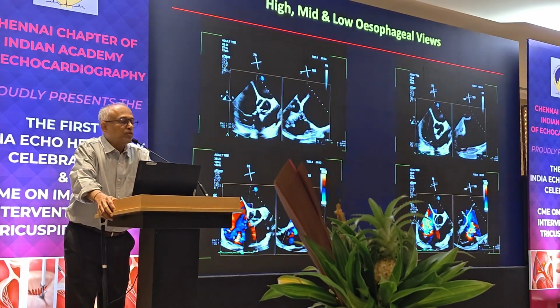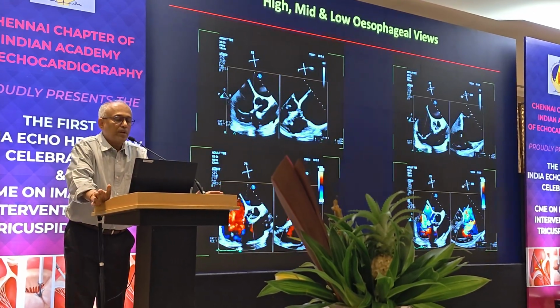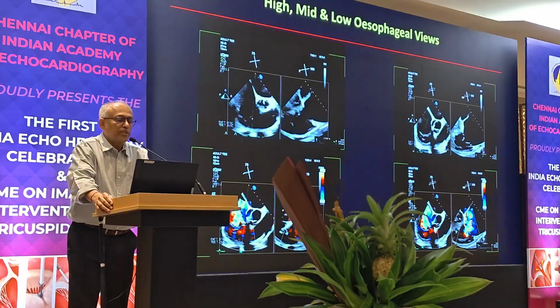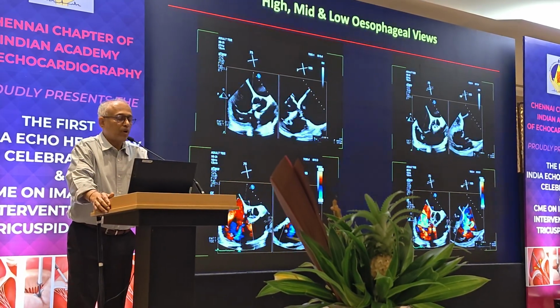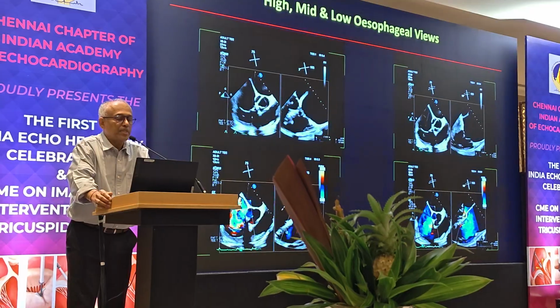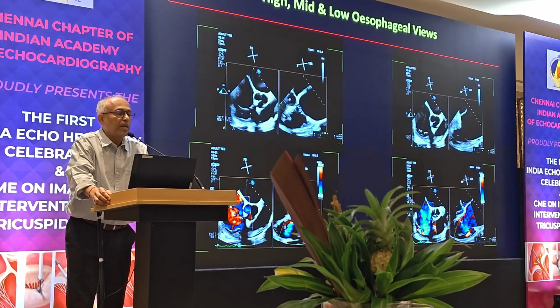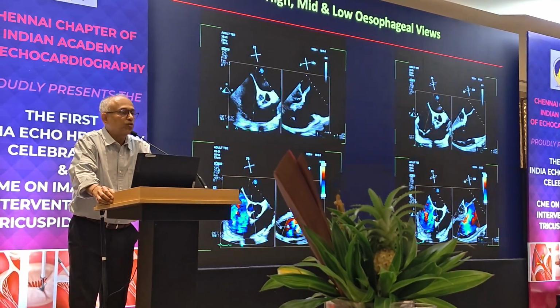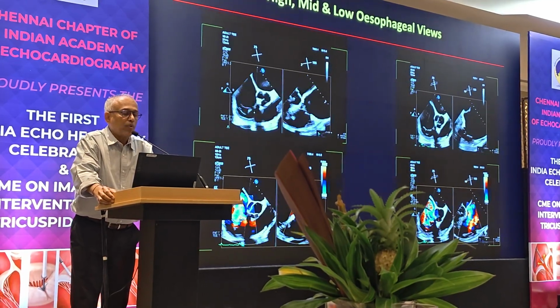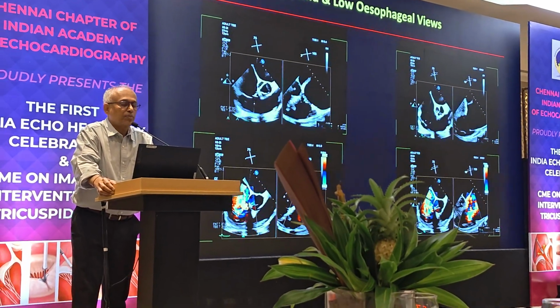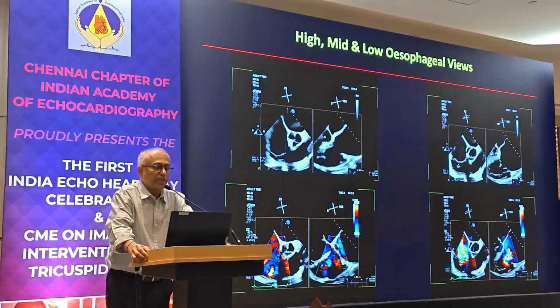And coming back to the mid and the low esophageal views. Here you have the inflow view and the inflow-outflow view. This is typically somewhere around 60-70 degrees, and the cursor here is moved back and forth. The first image shows the cursor on the most medial part, and what you're going to see here is the anterior tricuspid leaflet on one side and the septal leaflet on the other.